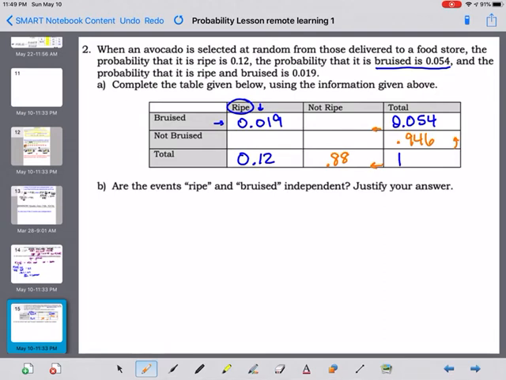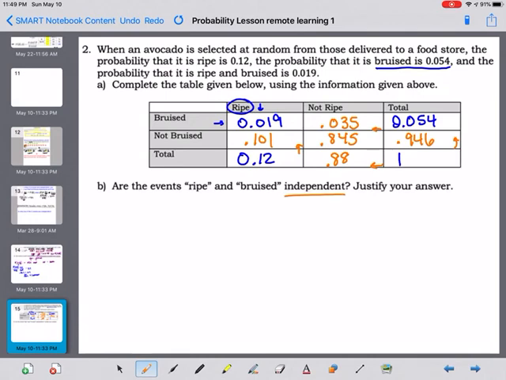Then I can go across this way, 0.054 minus 0.019, 0.035, just keep going, 0.12 minus 0.019, 0.101, and lastly 0.88 minus 0.035, 0.845. So everything is filled in now.